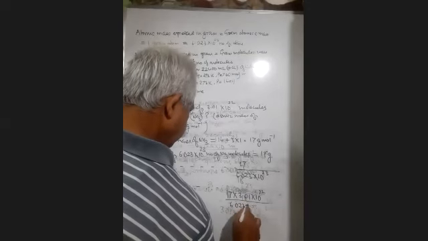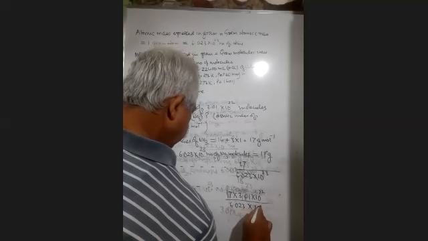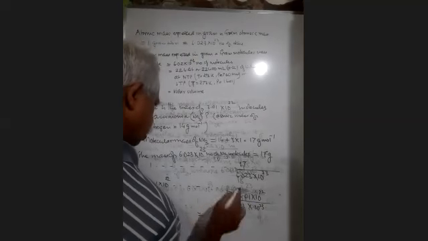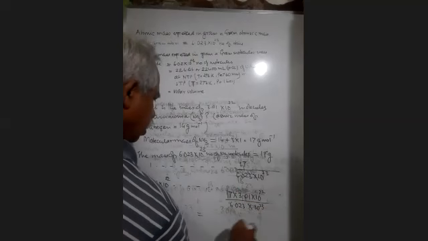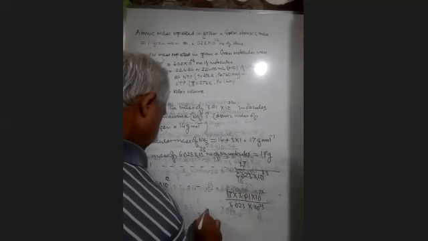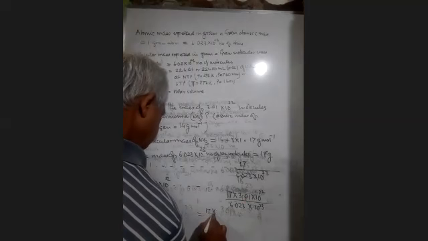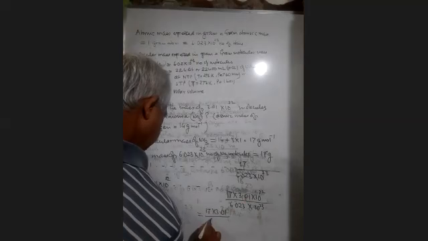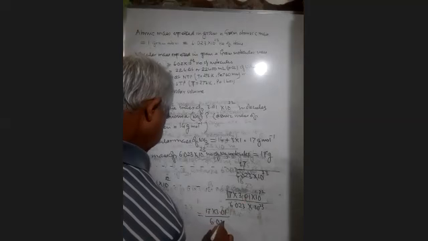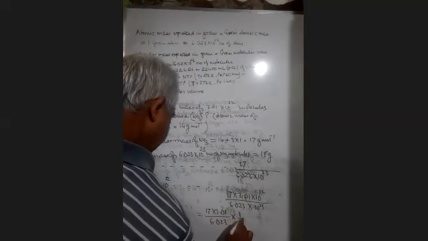6.023 into 10 to the power 23. Okay? So I'll write like this to simplify. See, 22 and 23. So what I can write? 17 into 3.01. Don't get scared by these big digits. Into what? 1 by 10. Divide this one.